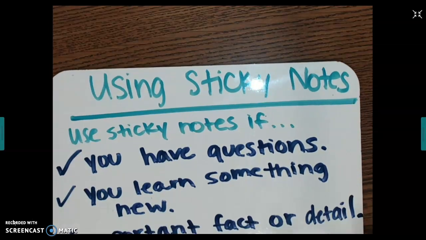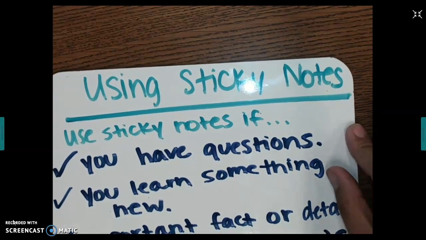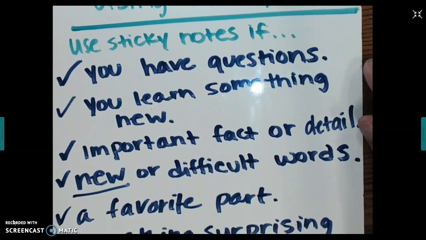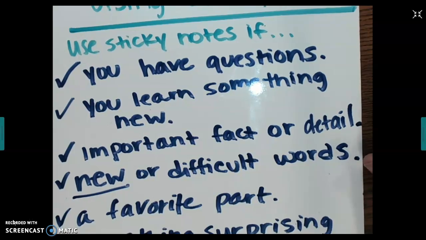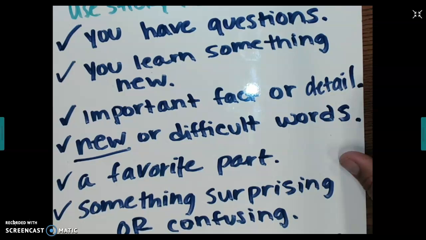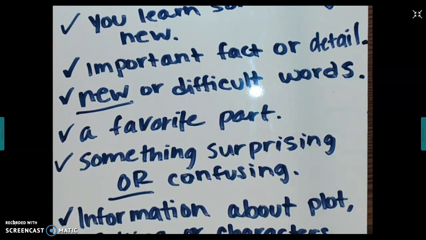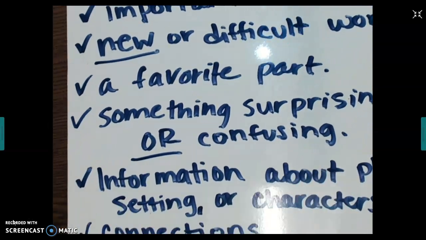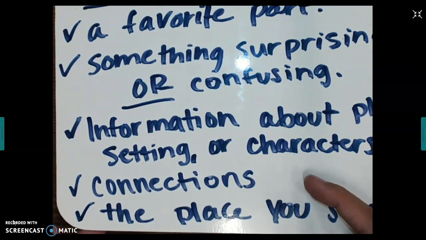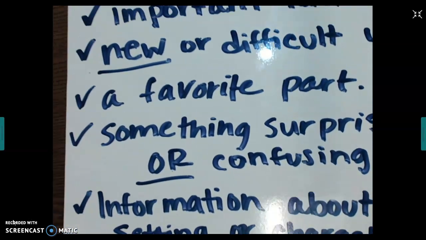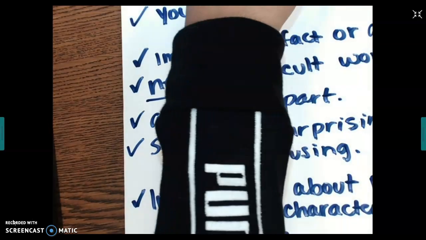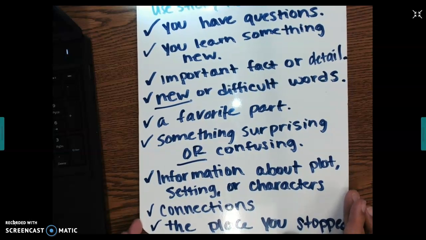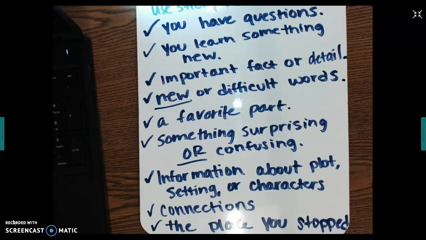Sticky notes you can use if you have a question, if you learn something new in that part of the book or the story, an important fact or detail, new or difficult words that you want to come back to, a favorite part, something surprising or confusing, information about the plot, setting, or characters, if you have a connection to the story, or the place that you stopped reading. So here I have my list of instances I would use a sticky note in my story.